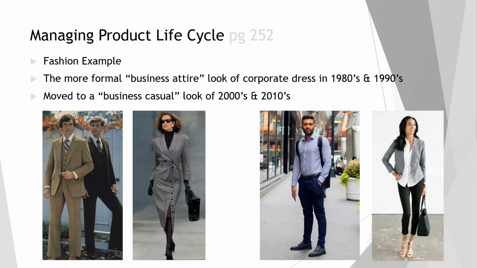But now, the look of the 2000s, 2010s, and now 2020s, we've moved to more of a business casual look. Unless you work in a certain field, you're probably going to look pretty silly showing up to work in a three-piece suit, or for a woman showing up in your business suit with your giant shoulder pads. Again, it's a lot more casual. That's an example of a fashion, but it took a long time for this to cycle in and out.